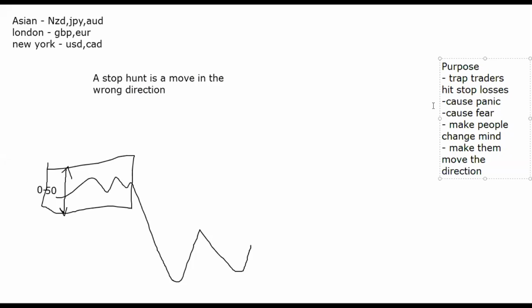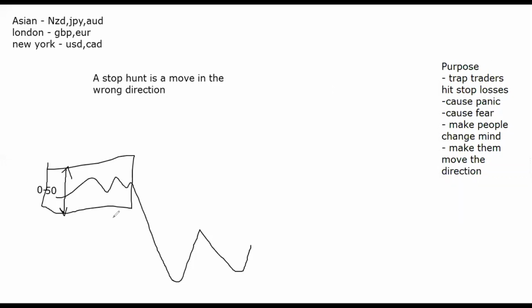So a stop hunt is very fast. So it is a fast move in the wrong direction. So the market pays the patient. The market does not pay those who want to get rich quick. The market pays the patient.